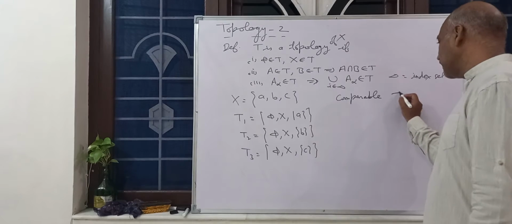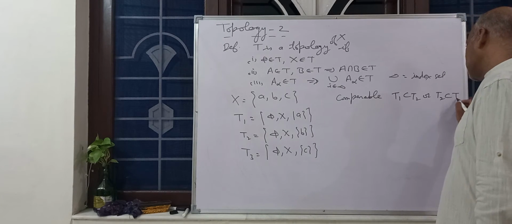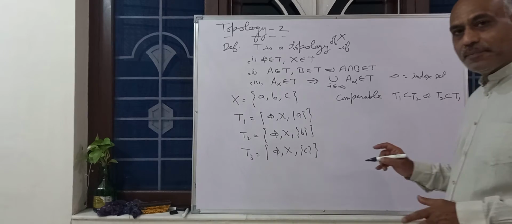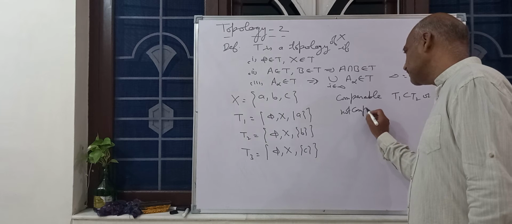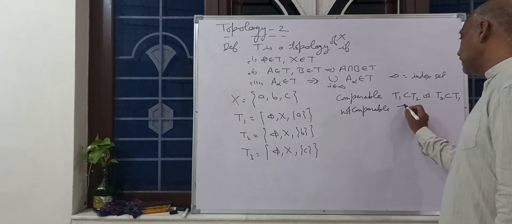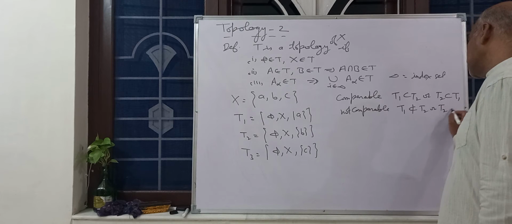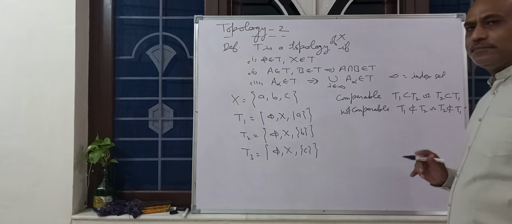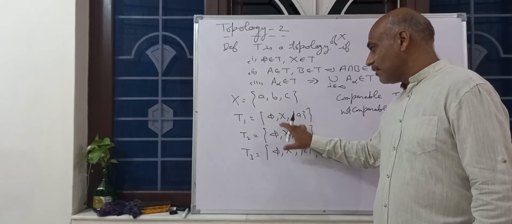Comparable means either T1 is a subset of T2 or T2 is a subset of T1. Not comparable means T1 is not a subset of T2, or T2 is not a subset of T3, or any such pair.